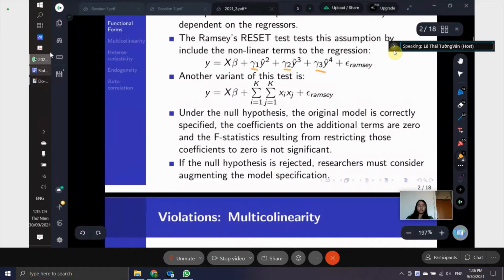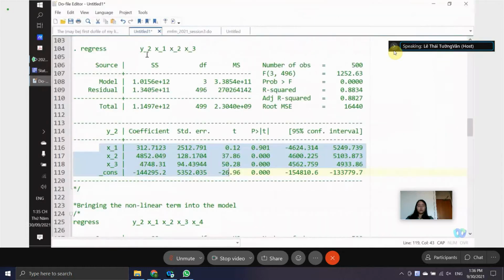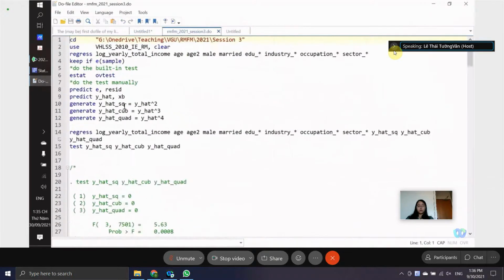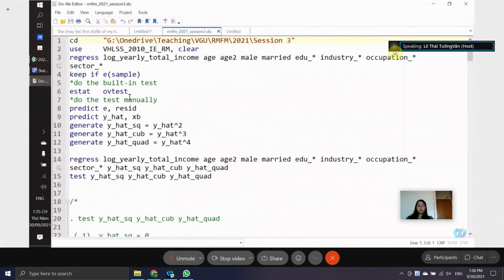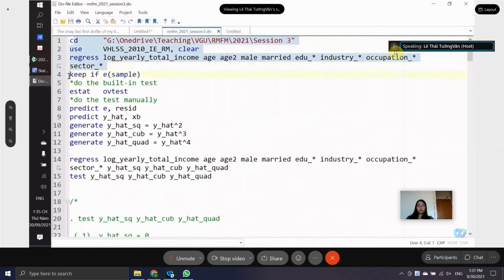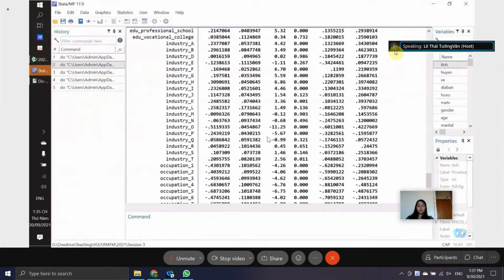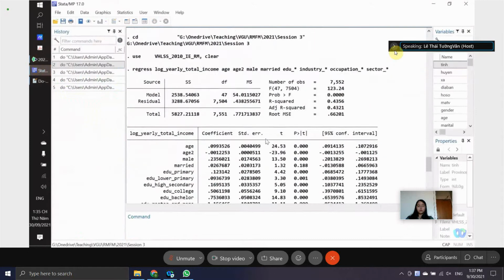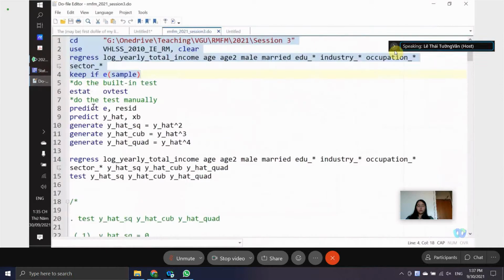Okay, so let us have a look at the examples. In this example, we come back to our regression using the Vietnam Living Standards Measurement Survey again. Firstly, we run the regression. This is our regression, and we want to test.